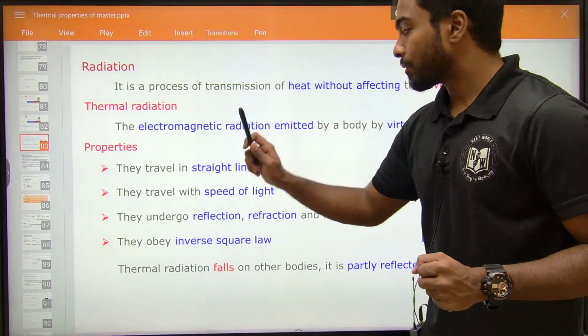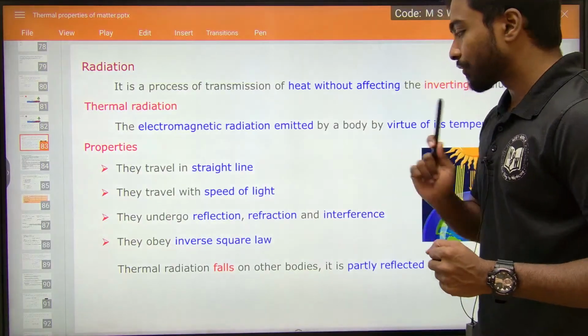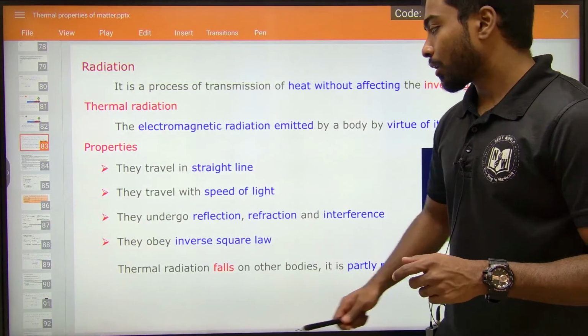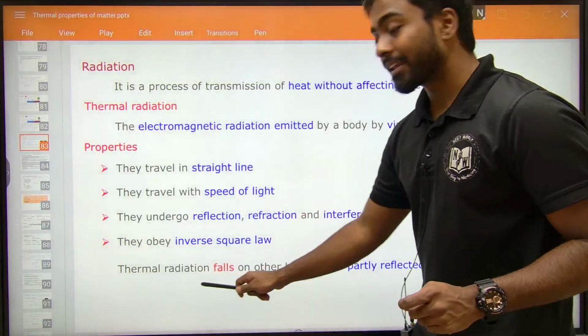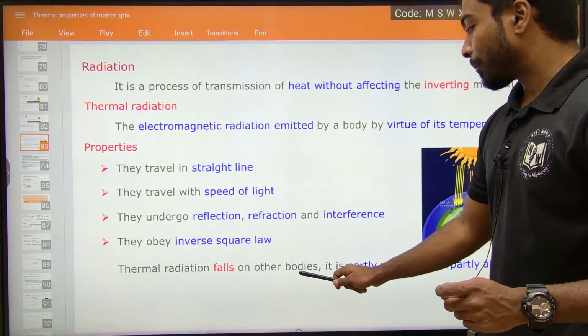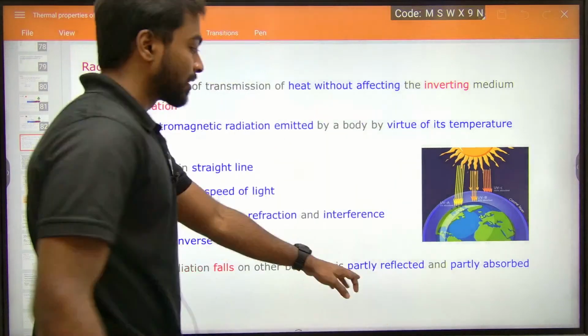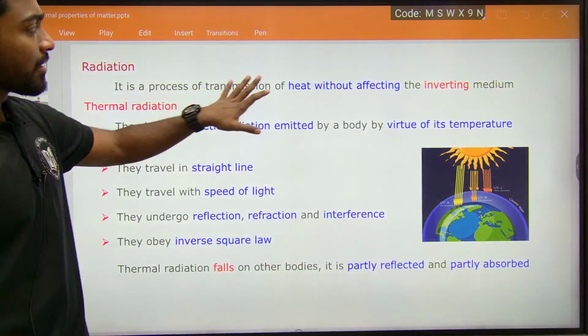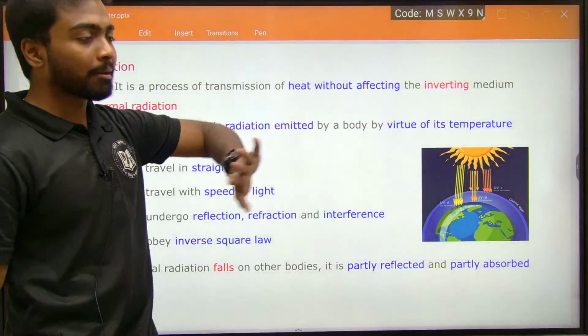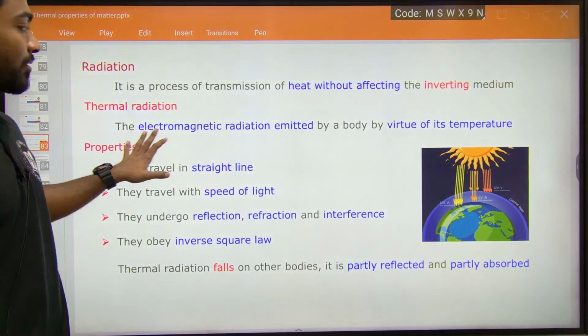Fourth, they obey the inverse square law. And thermal radiation falling on other bodies is partially reflected and partially absorbed.